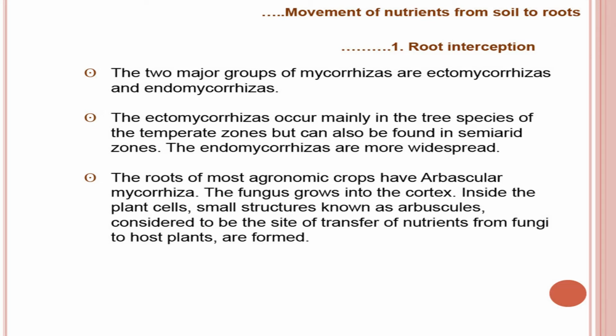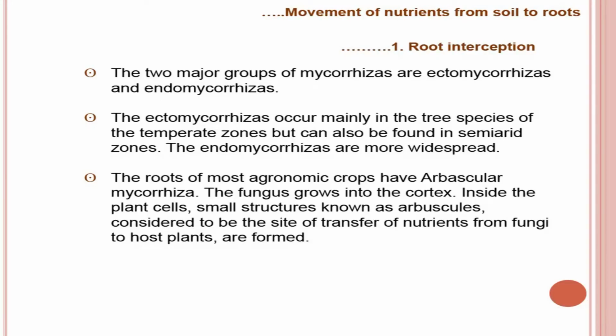Previously, people were calling them VAM, vesicular arbuscular mycorrhiza. Dear students, that terminology has become obsolete. Now it is not used. That has been totally deleted from the literature. Now you should use AM fungi, that means arbuscular mycorrhizal fungi.